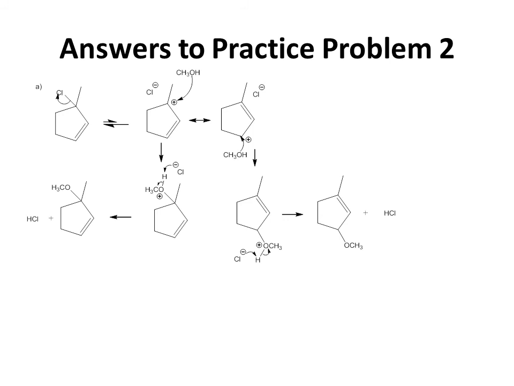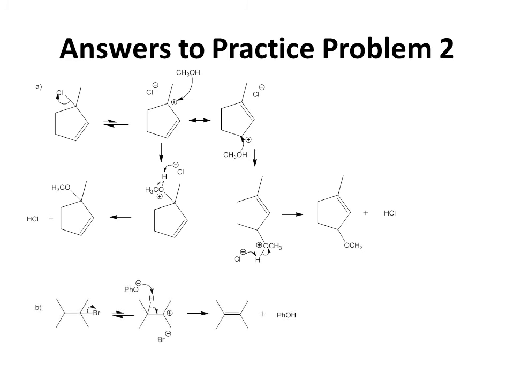Or by resonance, the carbocation could be at a secondary position with the carbon-carbon double bond in the more substituted, tri-substituted position. Methanol attacks the carbocation, again forms the protonated intermediate, which is deprotonated by chloride to form the other product. Note that the SN1 products in part A are actually racemic. So we really get a pair of enantiomers for each.